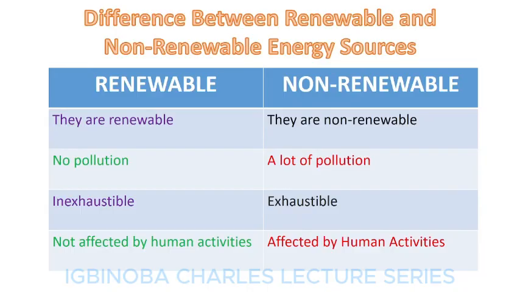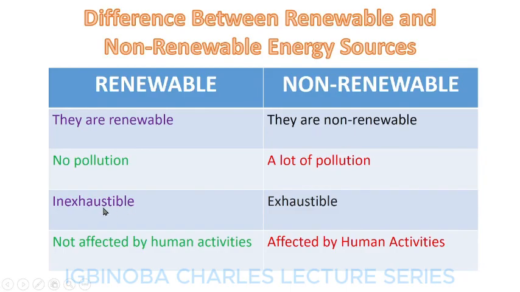Then, renewable energy has no pollution. It does not cause any form of pollution to the environment or to humans. While non-renewable energy causes a lot of pollution to the environment and to human beings.